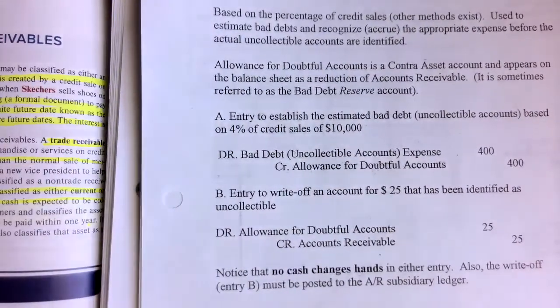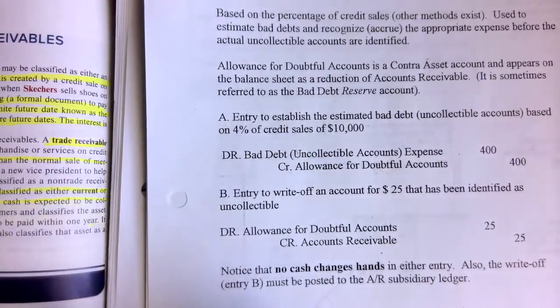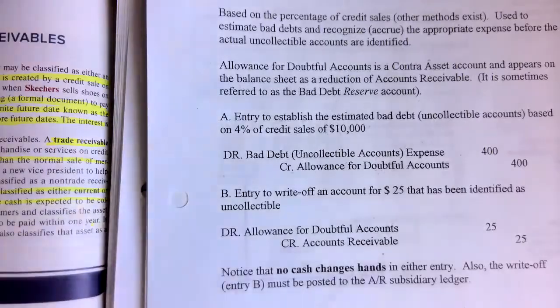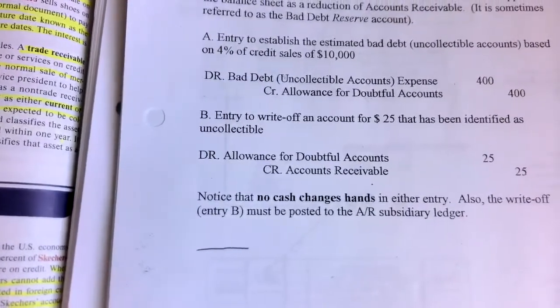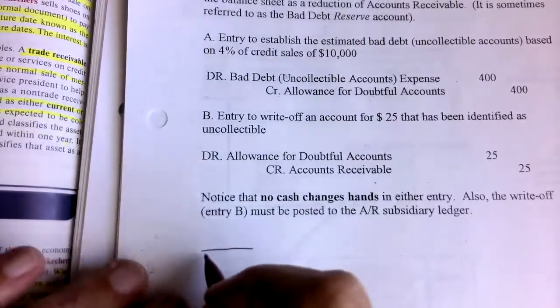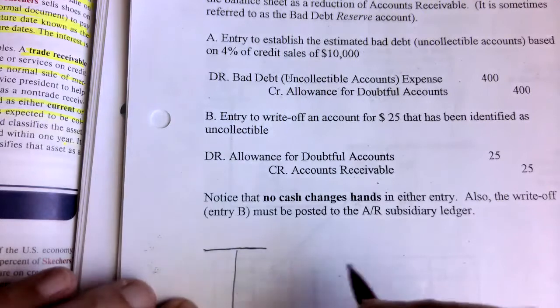So let me take a minute and put some T accounts down for you here, because I think this will help clarify what's going on. And they do point this out in the book. But I'll give you a little example here.